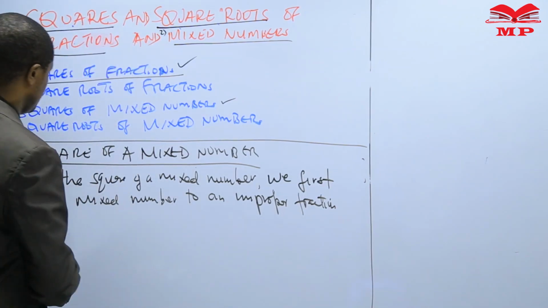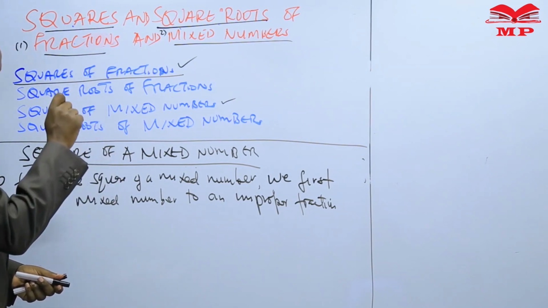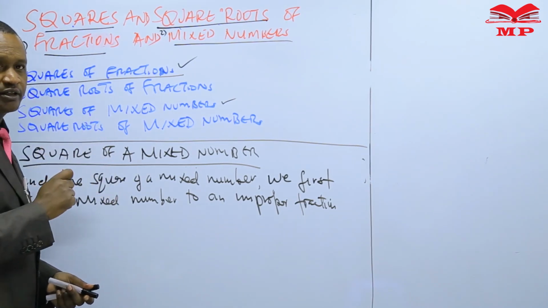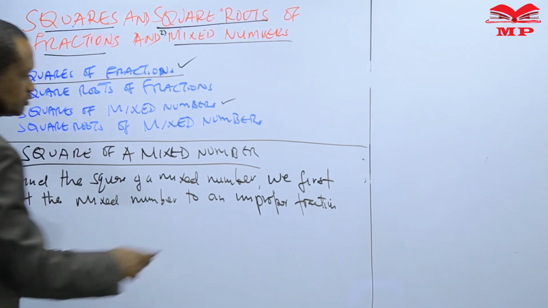How do we find the square of a mixed number? We first convert the mixed number to an improper fraction.